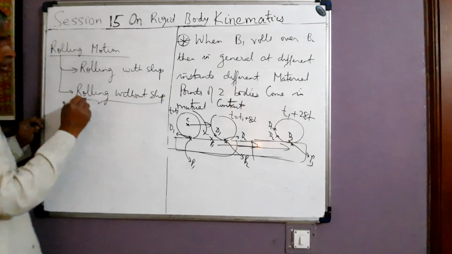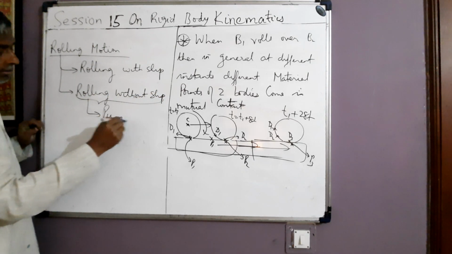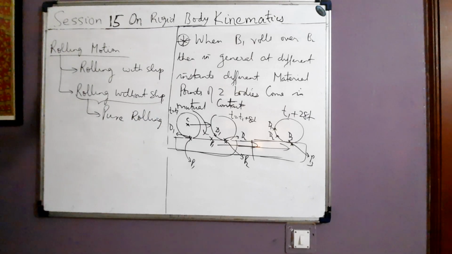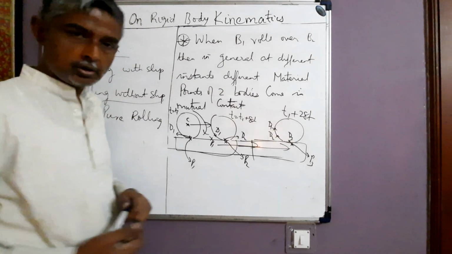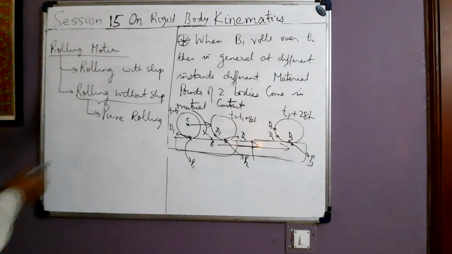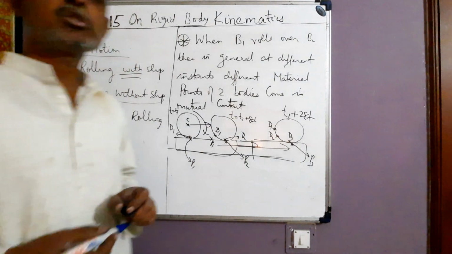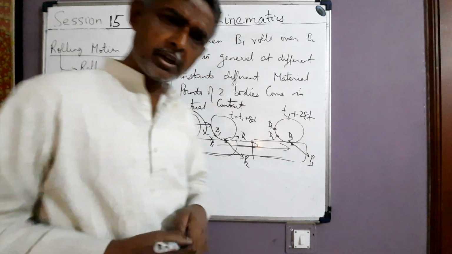Rolling without slip is also sometimes called pure rolling motion. And rolling with slip, sometimes we say impure rolling, but generally we don't use that word. Generally we just say rolling with slip.